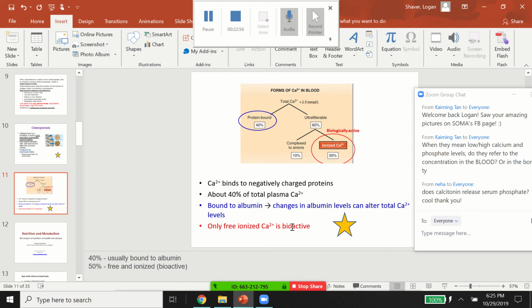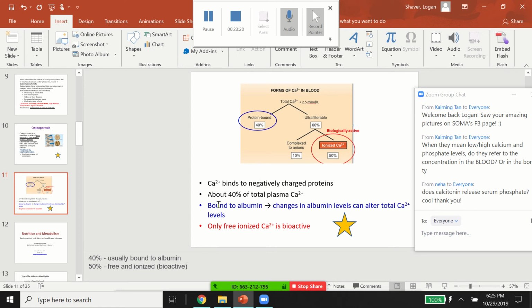But I would definitely memorize that only free ionized calcium is bioactive, because it goes back to that whole PTH thing, as to why you don't want too much phosphate with too much calcium: they're just going to bind to one another and not be active calcium. That's what I mean by this. So only free ionized calcium is considered bioactive.